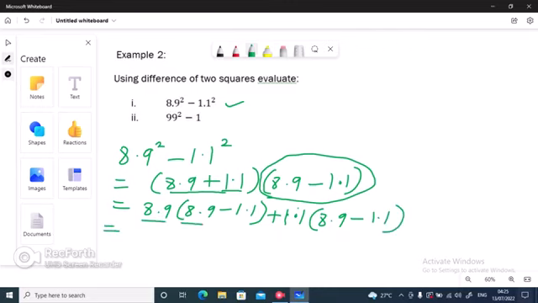So which is equals to our 8.9 times our 8.9.